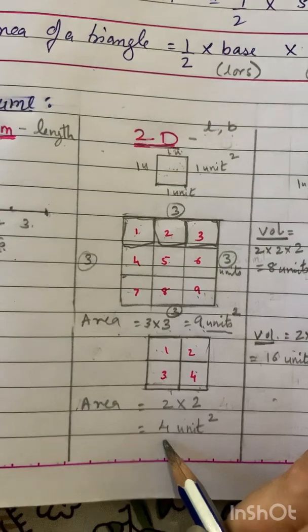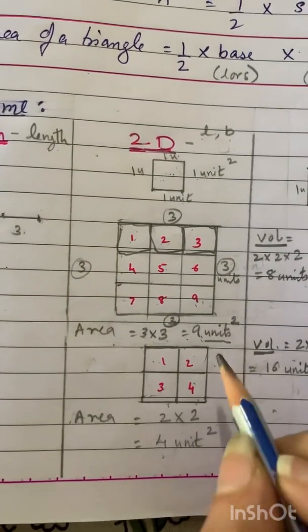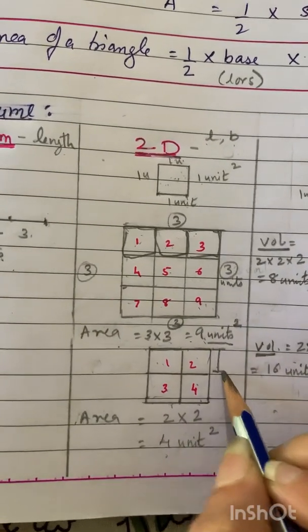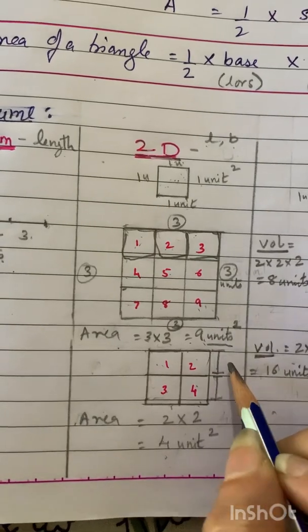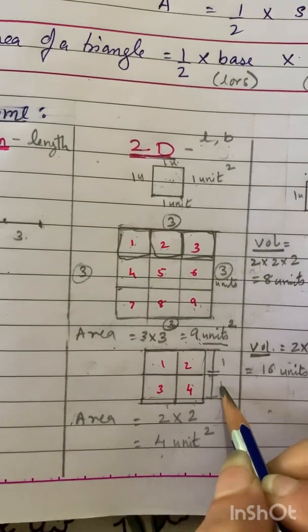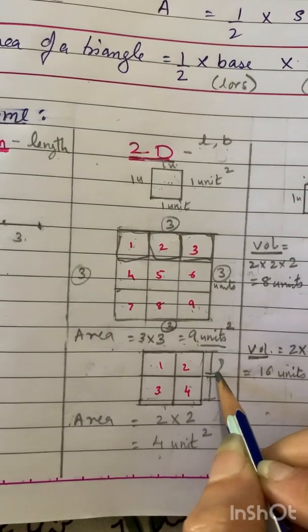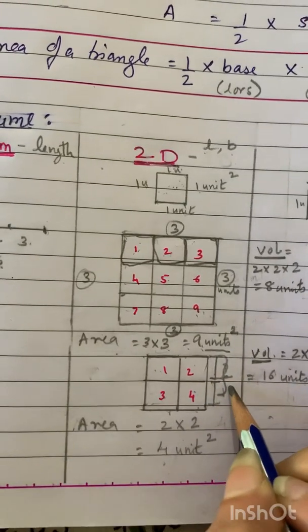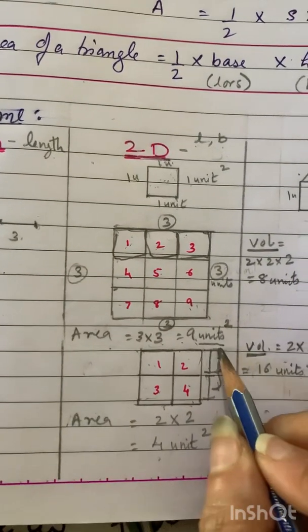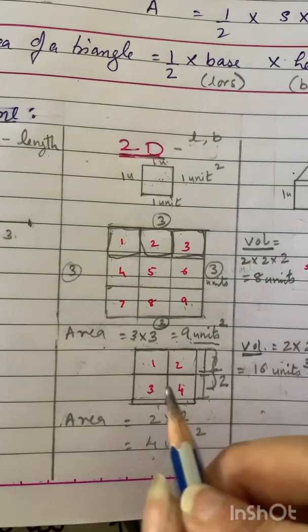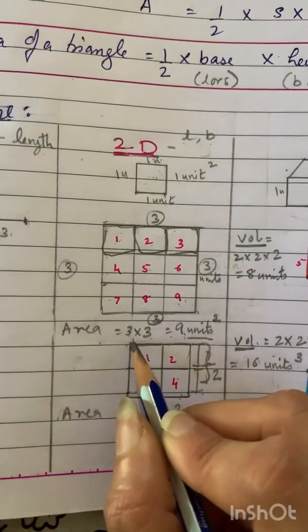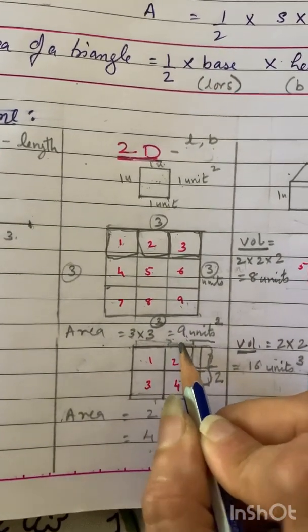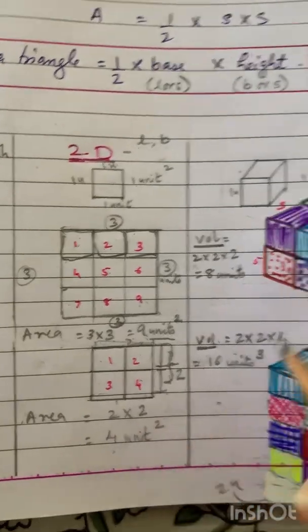So my area will be, now this is 1 and this is 1, so the total is 2. So 2 is my breadth and 2 is my length. So the area is 2 into 2.